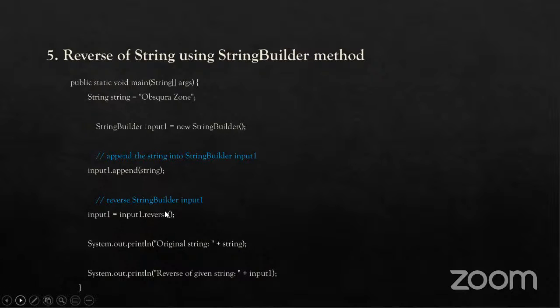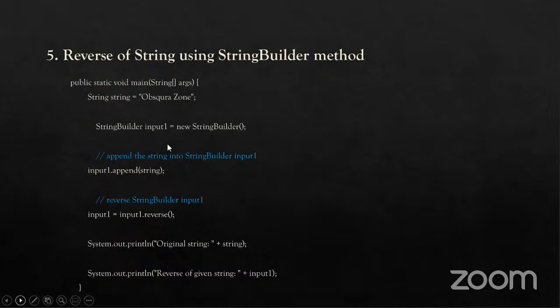So if I give input1.delete(1, 3), this will delete from index position 1 to 3. The starting index is 1 and the ending index is 3. So the output will print OBS only, and the rest of the things will be deleted.